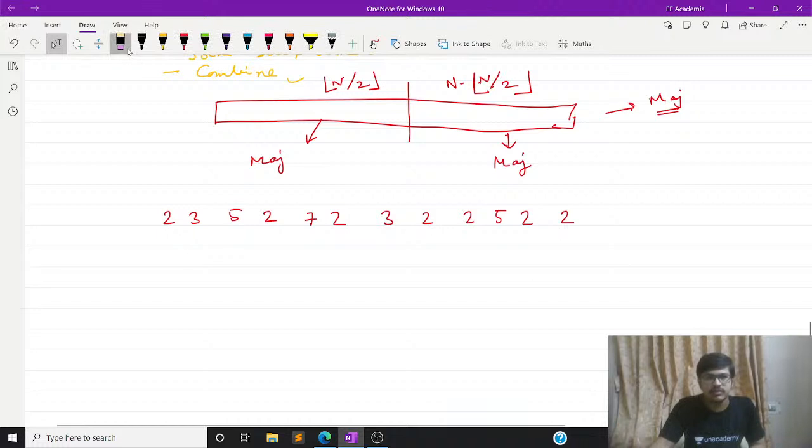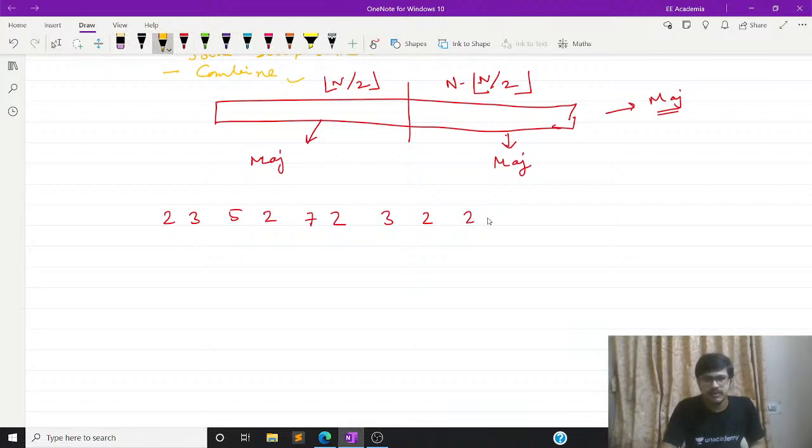Maybe let's just reduce two elements. How many elements do we have here? 9 elements, right? So is there any majority element in this array? There is a majority element, right? 2 is the majority element.